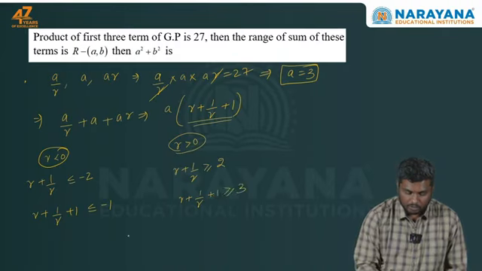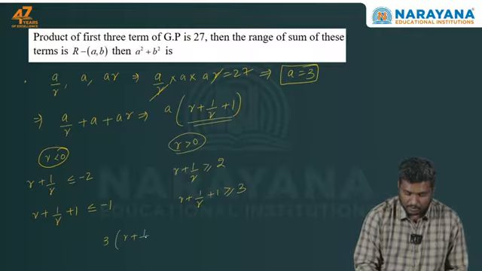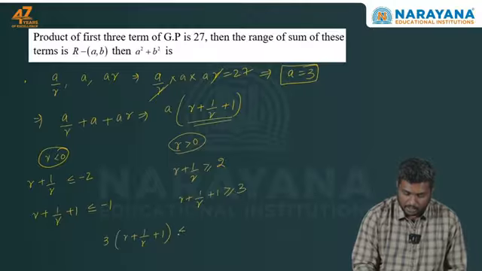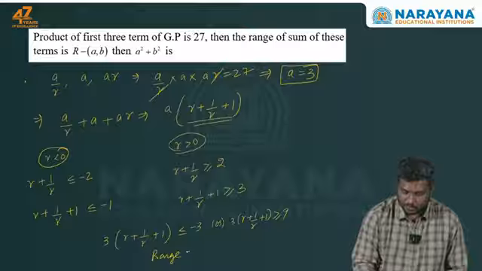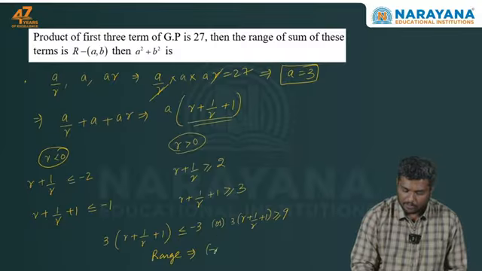So 3 into (r plus 1 by r plus 1) will be less than or equal to minus 3, or greater than or equal to 9. So the range is minus infinity to minus 3 union 9 to infinity.